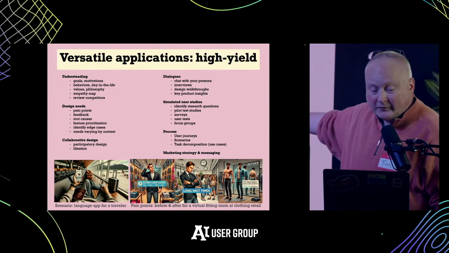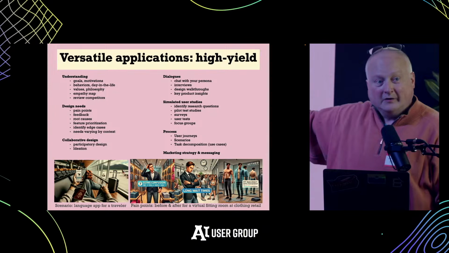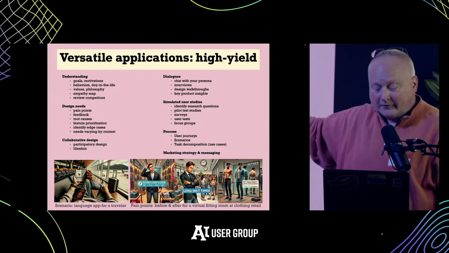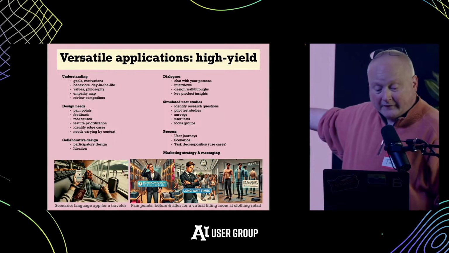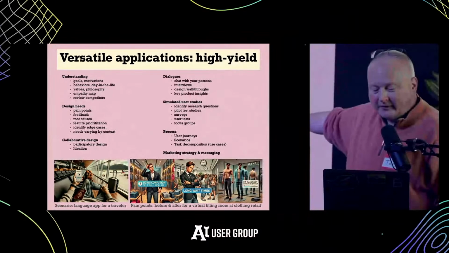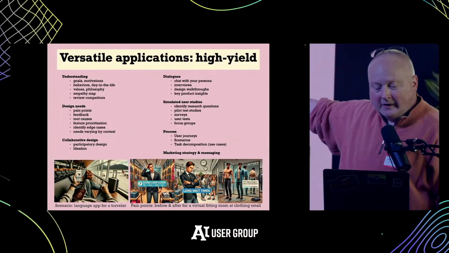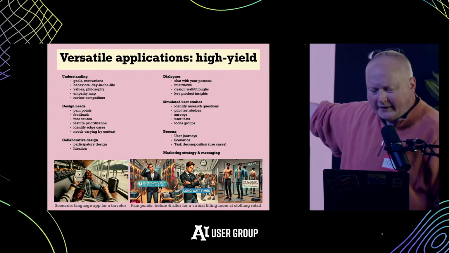And then I give two examples at the bottom. One is a scenario. That's a language learning app, and it's showing a guy at the airport using it. So you're seeing the scenario of a persona. And then at the bottom right, we were looking at pain points. This is for a virtual fitting room. You see in the bottom right, a guy walks up to this screen and can try on clothes. The first two pain points are before he has the system, and so he's having trouble finding the right size and waiting a long time.